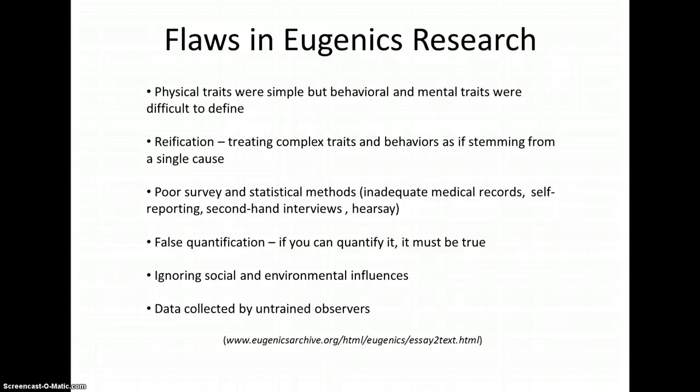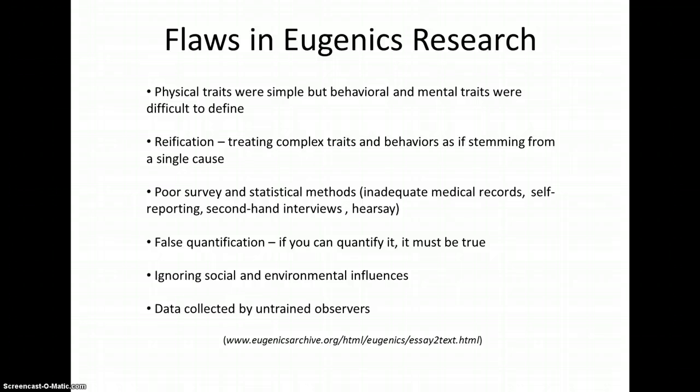Scientists at the time were caught up in reification, which is when you treat a complex trait or behavior as if it was caused by a single thing. For instance, looking at someone who had criminal behavior and deciding it was because they were short, or because they came from Eastern Europe, or because their parents were poor. Those traits and behaviors are complex and stem from multiple causes. Reification is thinking that they are caused by one thing and then measuring to see if that's true.